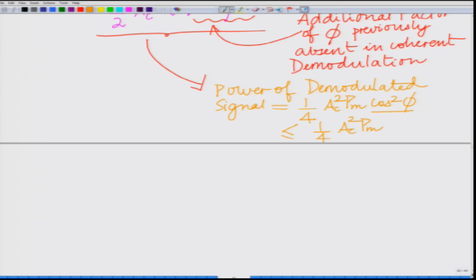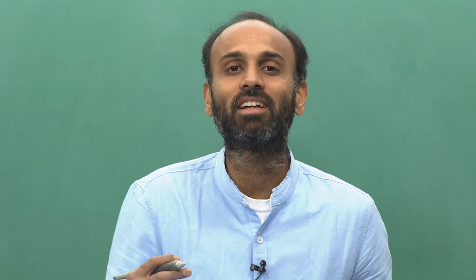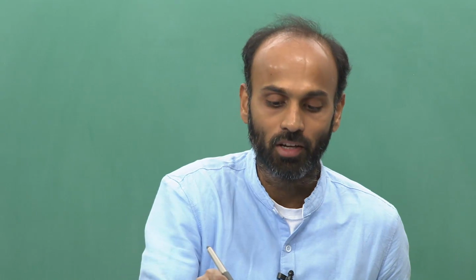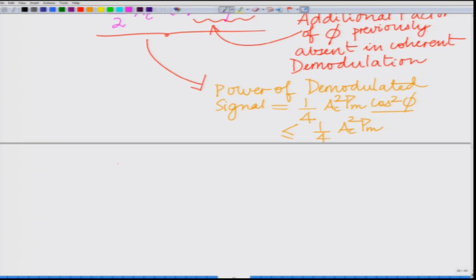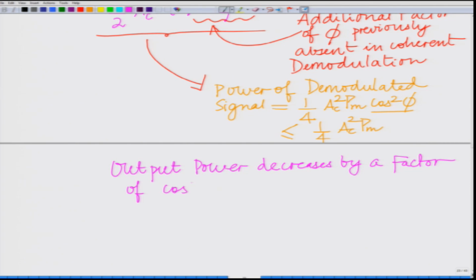So, the output power of the demodulated signal is suppressed, or decreases, by a factor of cosine squared phi, which is less than or equal to 1.